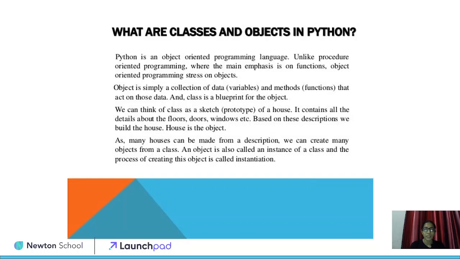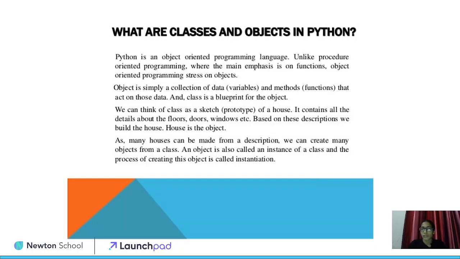Python is an object-oriented programming language, as we know, unlike procedural programming where the main emphasis is on functions. An object is simply a collection of data, whereas a class is usually defined as a blueprint or prototype from which the object is then created.